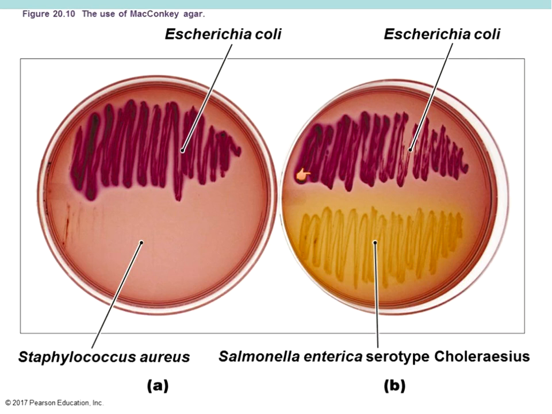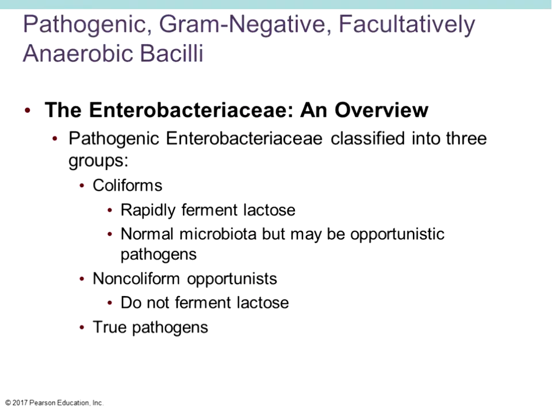That's where the differential aspect of this agar comes from. It's very similar to mannitol salt agar, which is selective for gram-positives and also differential for different species of gram-positives. It'll have a different coloration. And the coloration from the MacConkey's agar is whether or not it ferments lactose.